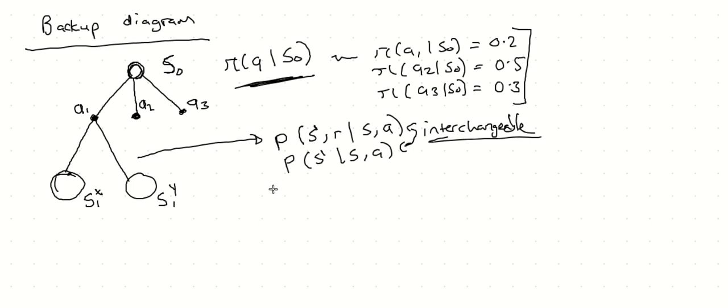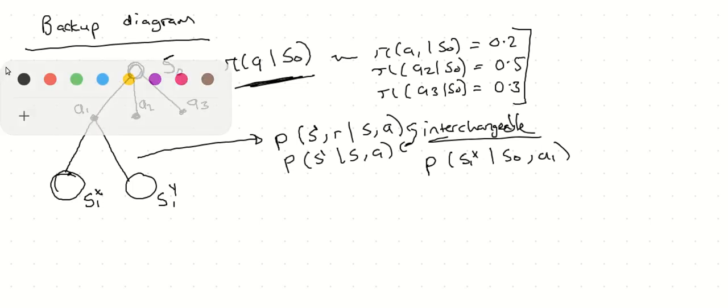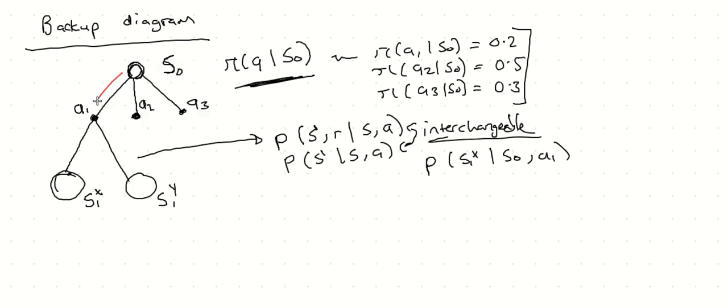So what we have here is the probability of ending up in S1x, given that you're in S0 and you take action A1. That's what this line here is representing. The line that you see here, the chain of events that goes up to here, is representing the probability of ending up in S1x given S0, A1.